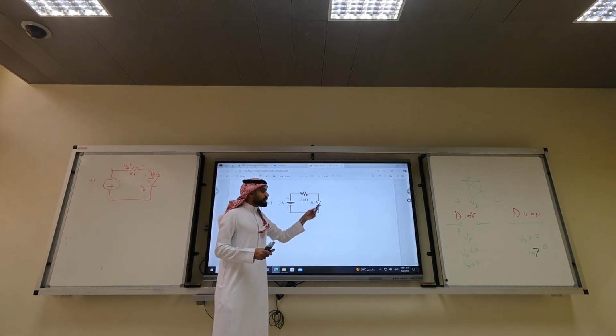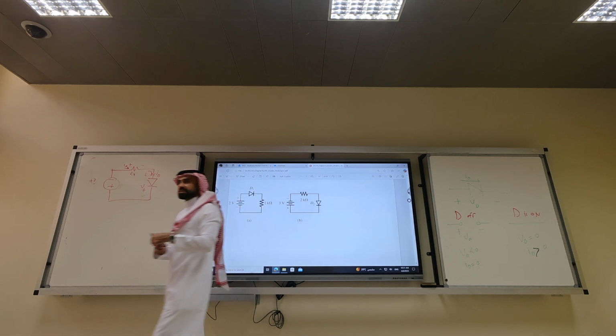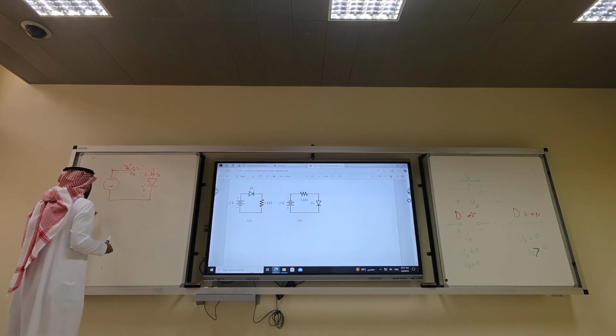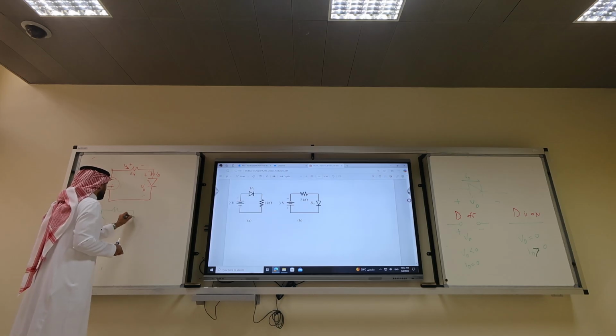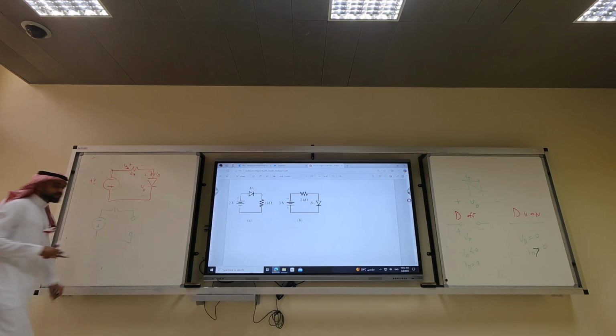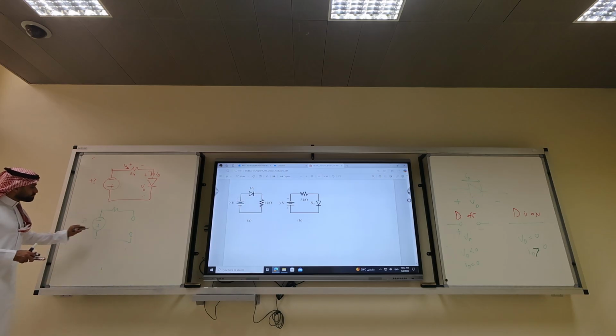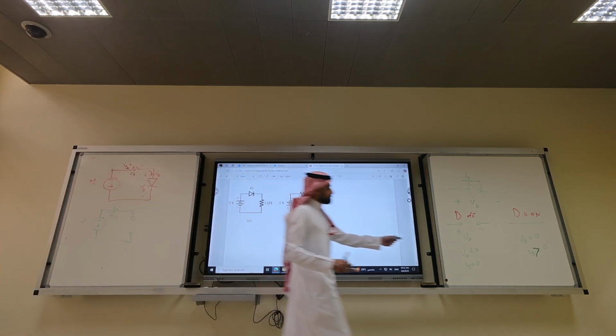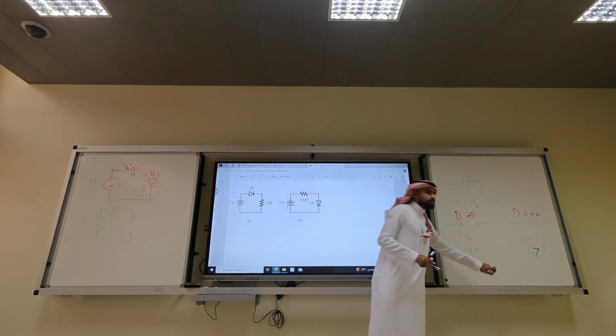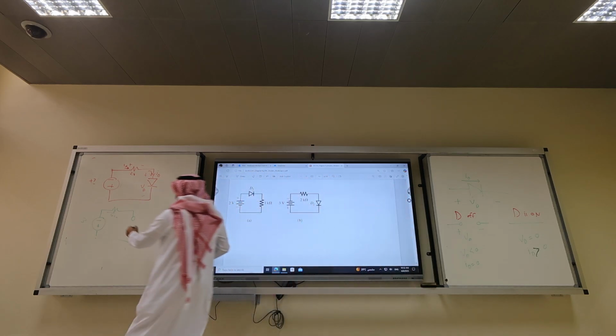If we assume the diode is off, that's the smart choice, what will happen? Replace it with open circuit. What's the voltage here? 3. What's the current? 0. So is the first condition satisfied? Yes. What is VD?